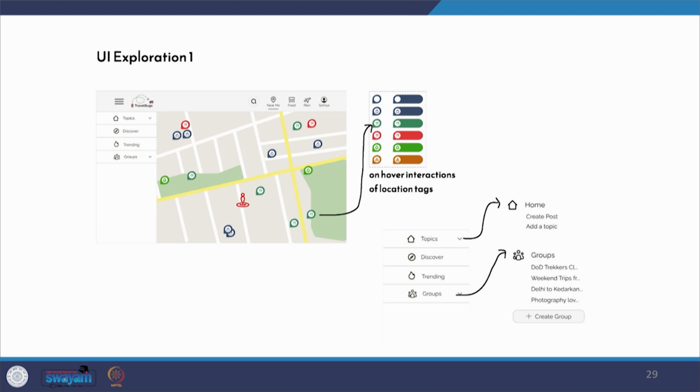And so finally, once we are done with that part, the user interface exploration will begin. User interface exploration refers to the process of experimenting with different visual designs and interface elements which create user friendly interfaces.